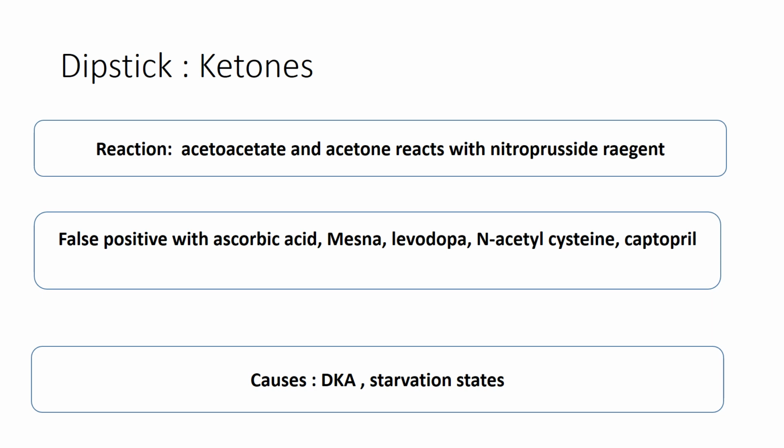And ketones are positive in patients who may have diabetic ketoacidosis, patients who are in the starvation state, patients who may be on a ketogenic diet, like patients with seizure disorder who have been put on special ketogenic diets, may end up with ketones in their urine.